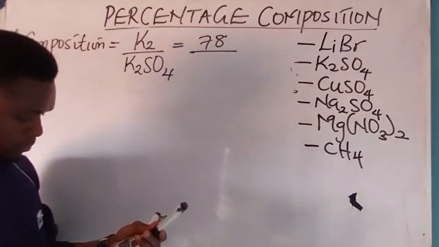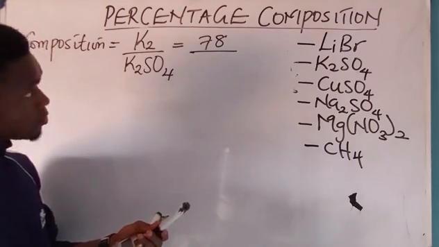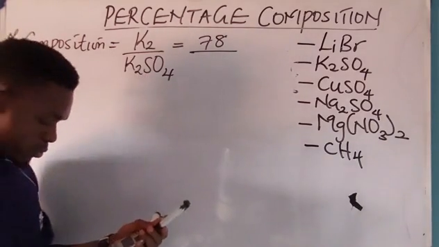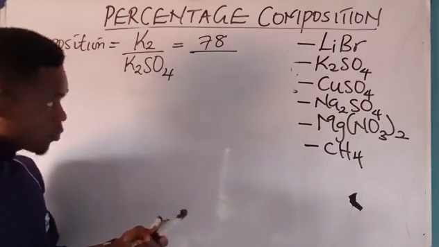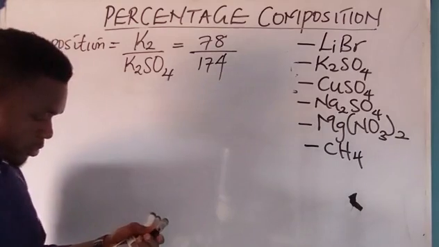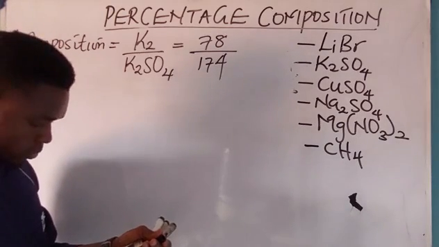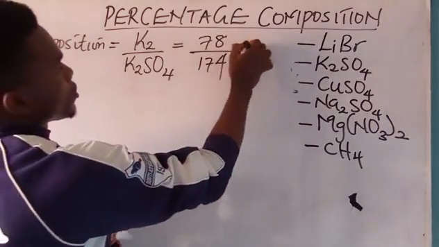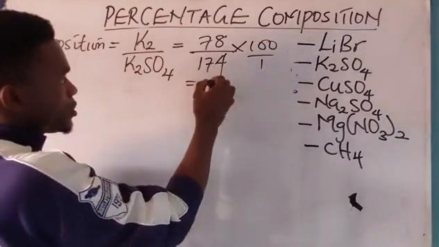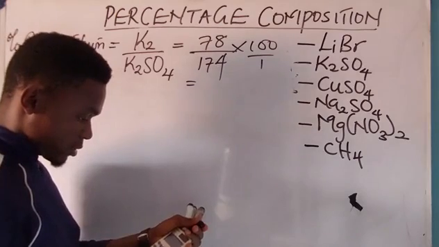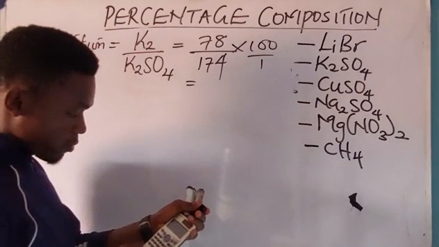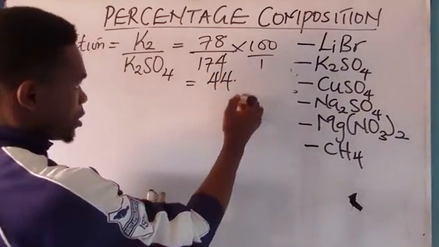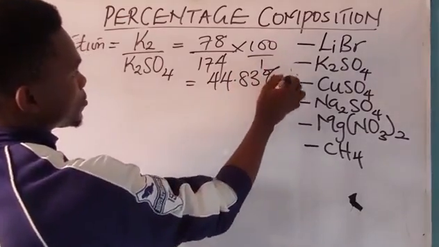So 78 plus 32 plus 64 equals 174. So times 100 over 1, that is 7,800 divided by 174. I'll have 44.83%. That is for potassium.